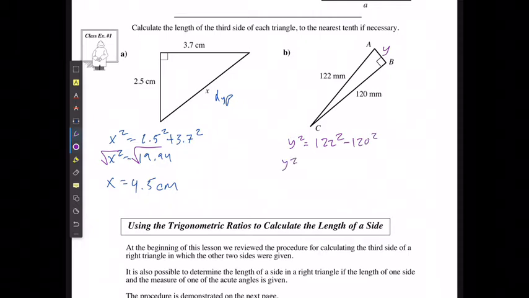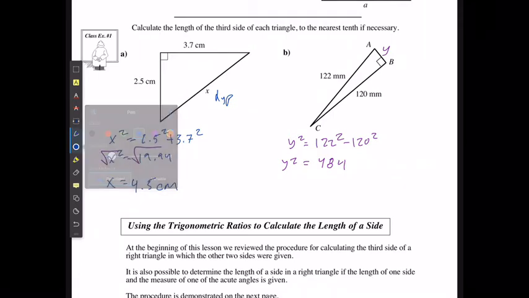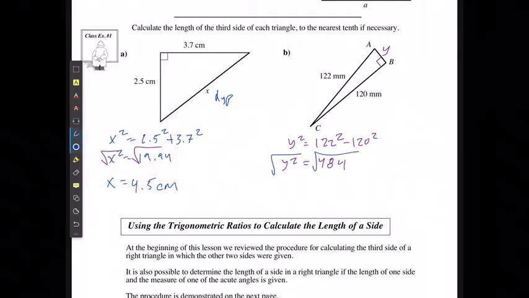Or y squared is going to equal 484. And then I'm going to square root both sides. Y is going to equal 22 millimeters.